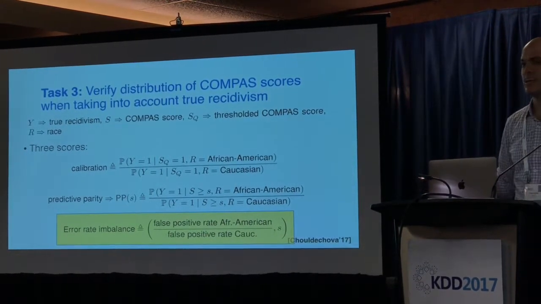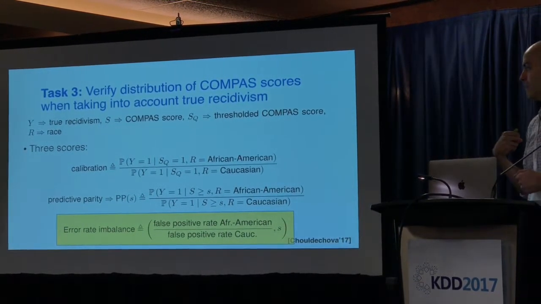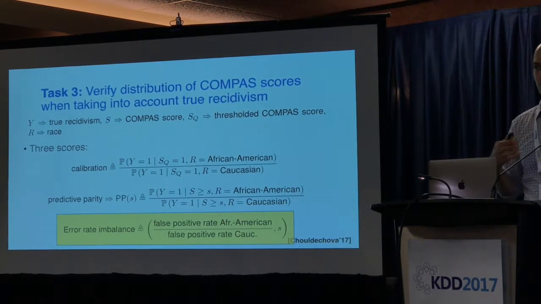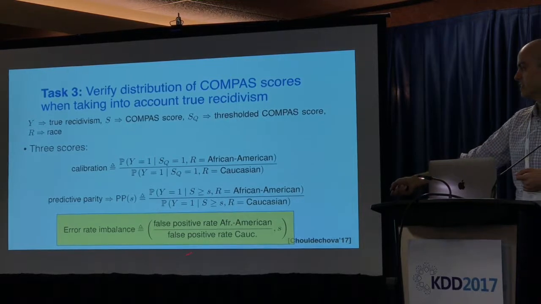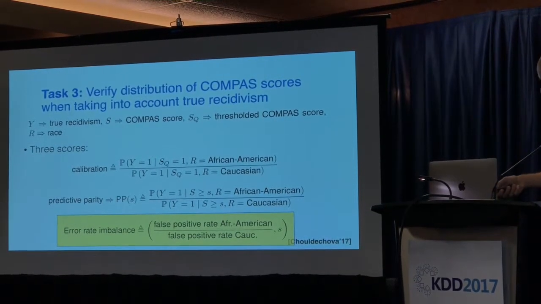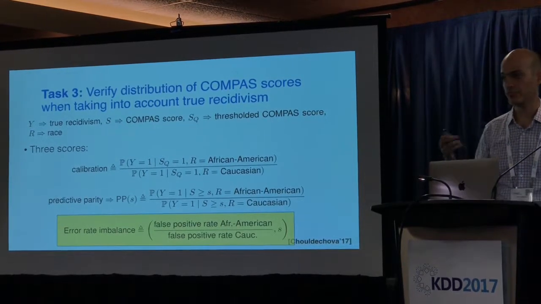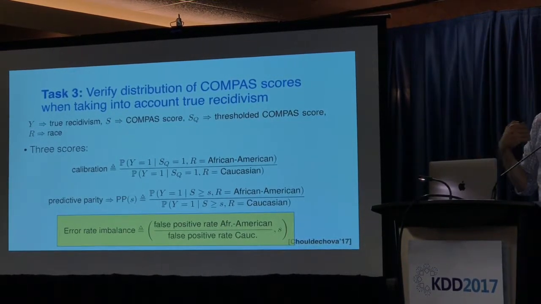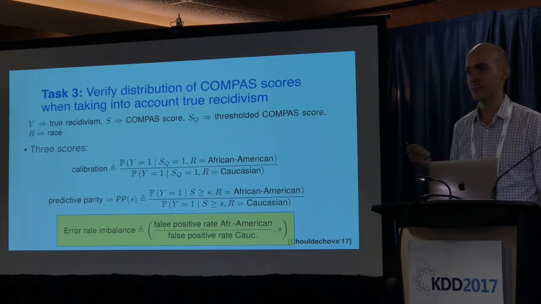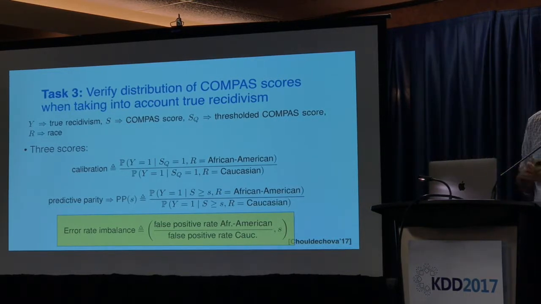Basically, you're indicating that African Americans will recidivize, but they don't actually recidivize at a much higher rate than Caucasians. So these are 3 metrics that you might want to look at, and they're in the notebook. But if you have other metrics that you also find interesting, feel free to code them up and let's see how they perform.